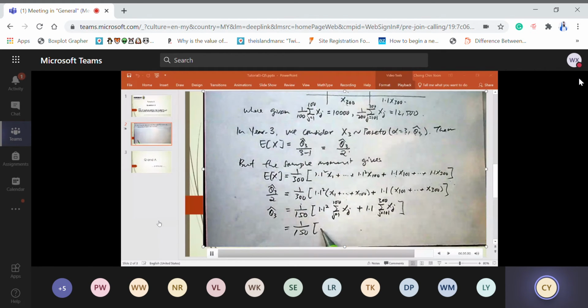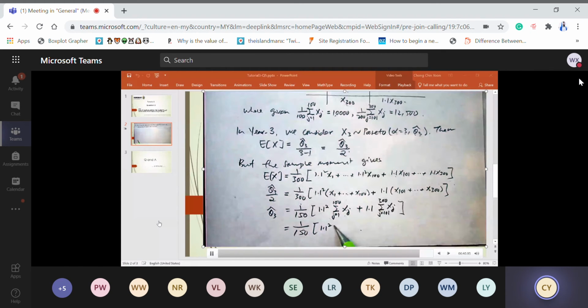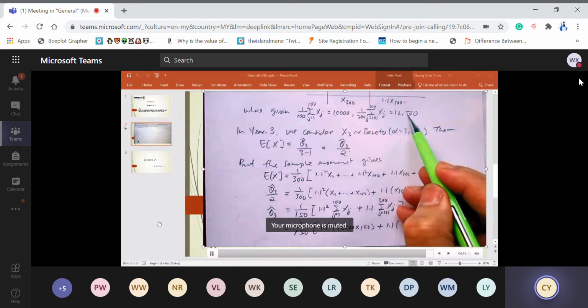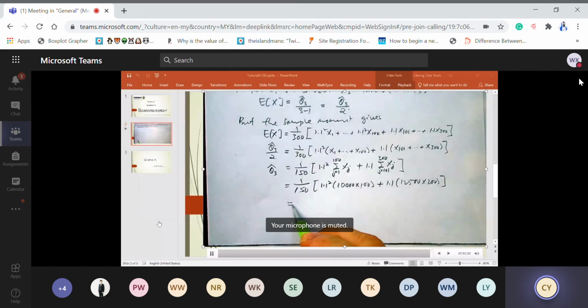So this equals 1.1 squared times 10,000 times 100, plus 1.1 multiplied by 12,500 times 200. And so we found the result, which is 13,200.